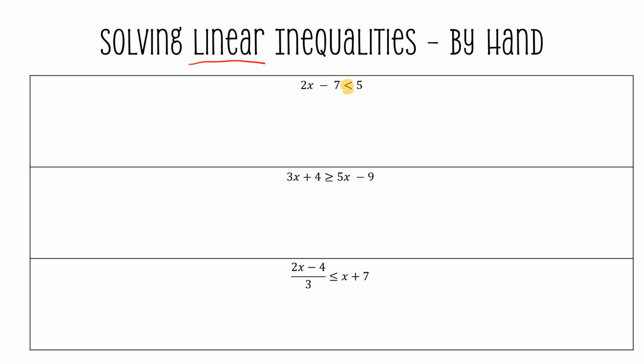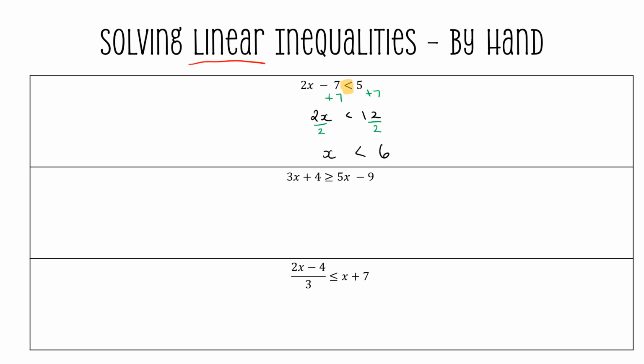So having a look at this one here, wanting to get x by itself, I'm going to start by adding 7 to both sides, which means that 2x is less than 12. After that, I'm going to divide both sides by 2, and I end up with x is less than 6.